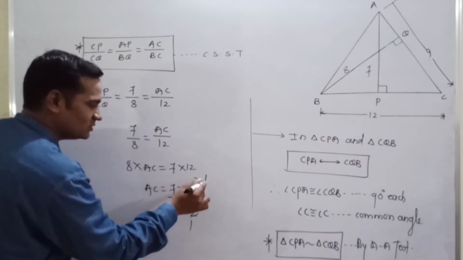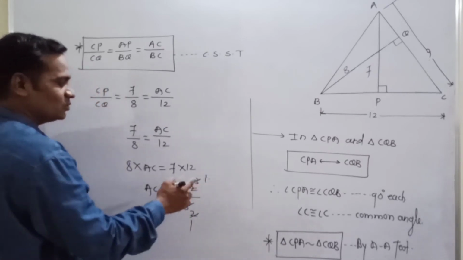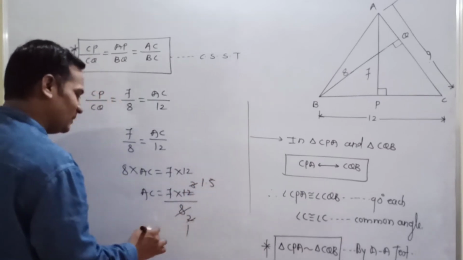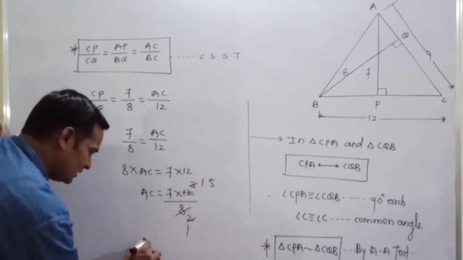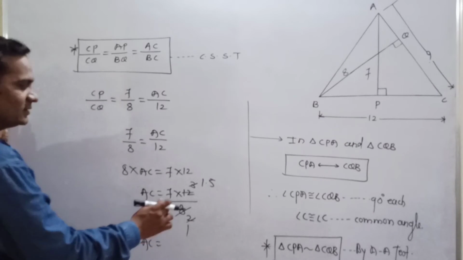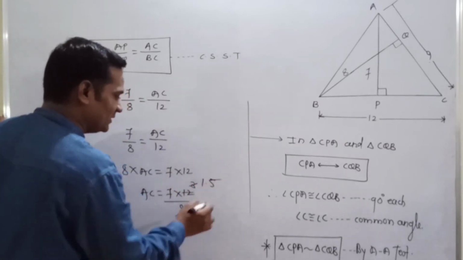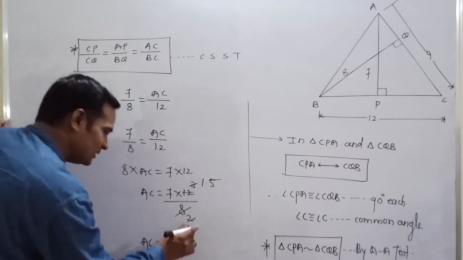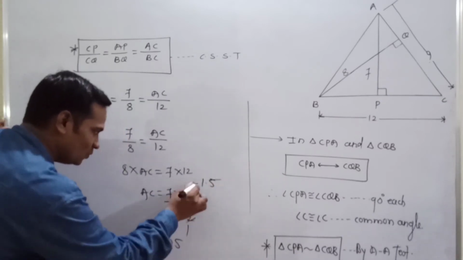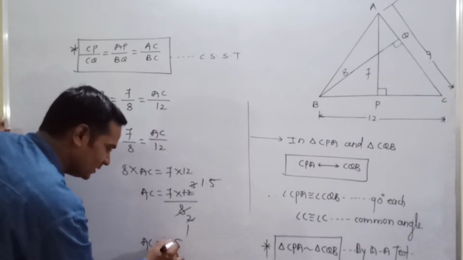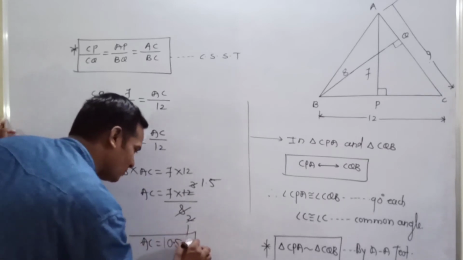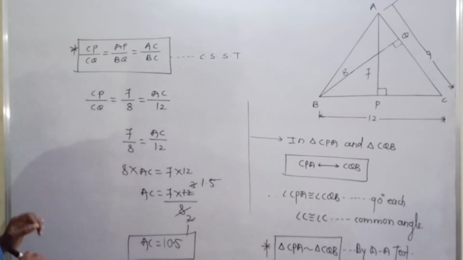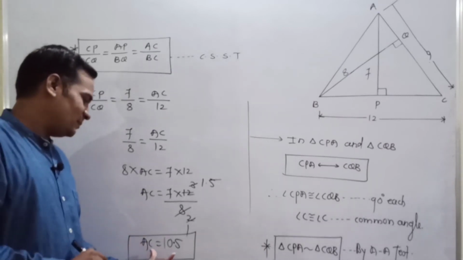Now here 2 ones are 2, 1 remains. So 2 fives are 10. So that means AC is equal to, suppose this is 15 for the time being, 15 sevens are 105, but that is not 15, so that is 1.5. So the answer will be 10.5. That answer is 10.5.